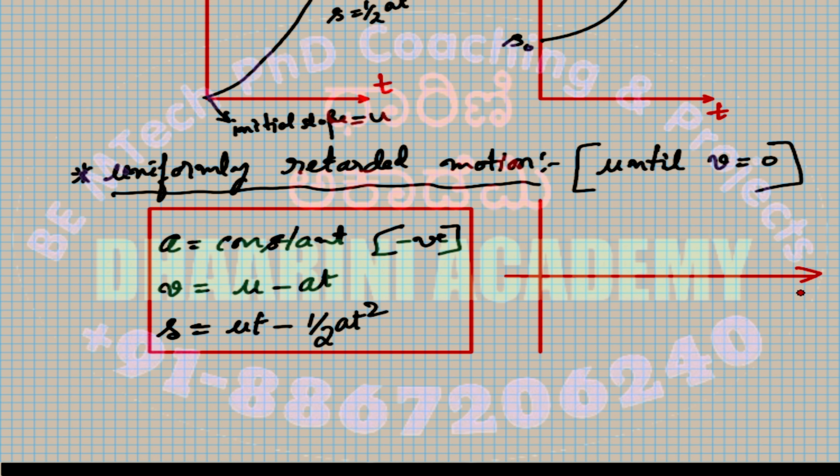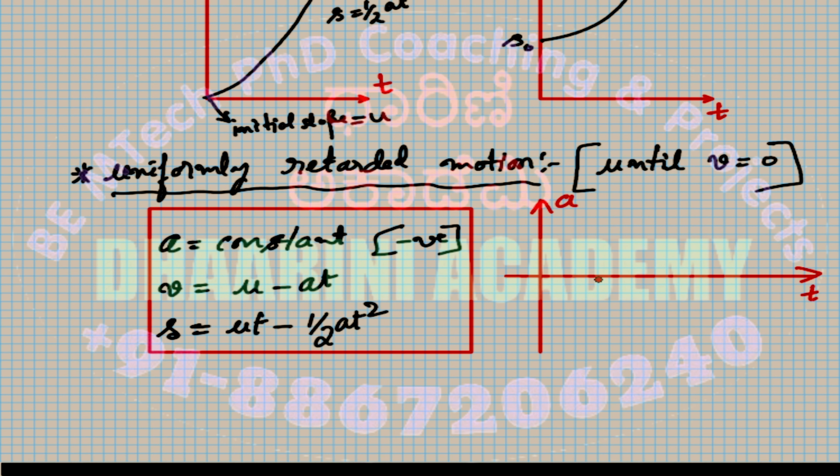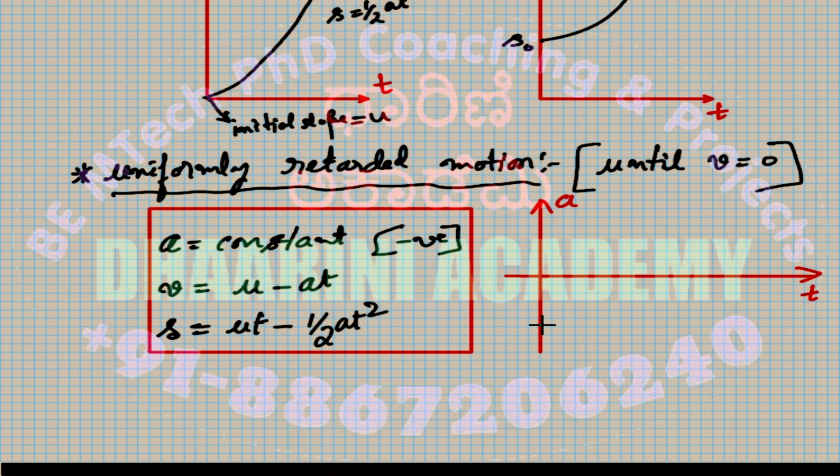So this is time versus acceleration, and negative acceleration is always indicated below the x-axis. So this is a constant and negative value for a. Below 0 means it is a negative value.